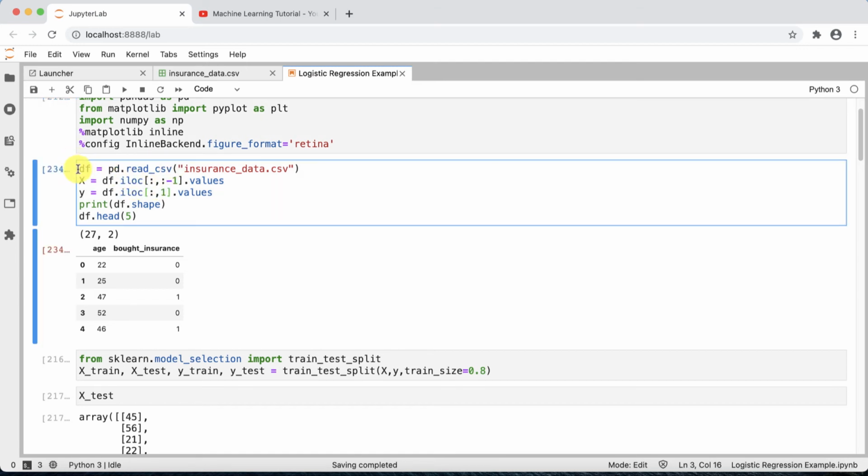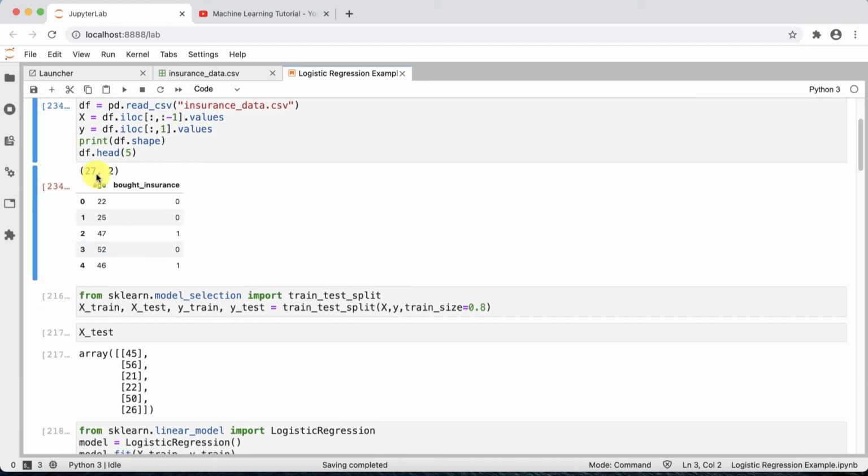You have to just read the data set, then set the dependent and independent variables, right? So here we have 27 records and 2 fields, age and insurance bought or not. So df.shape gives 27, 2, and if you print df.head(5), it will print the first 5 values, right?